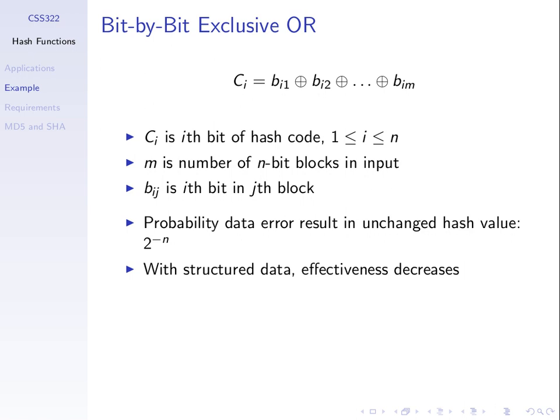B11 is the first bit in the first block, which equals 0, XOR with B12, which is the first bit in the second block, which is 1. Here's the second block, here's the first bit. B13, third block, first bit.